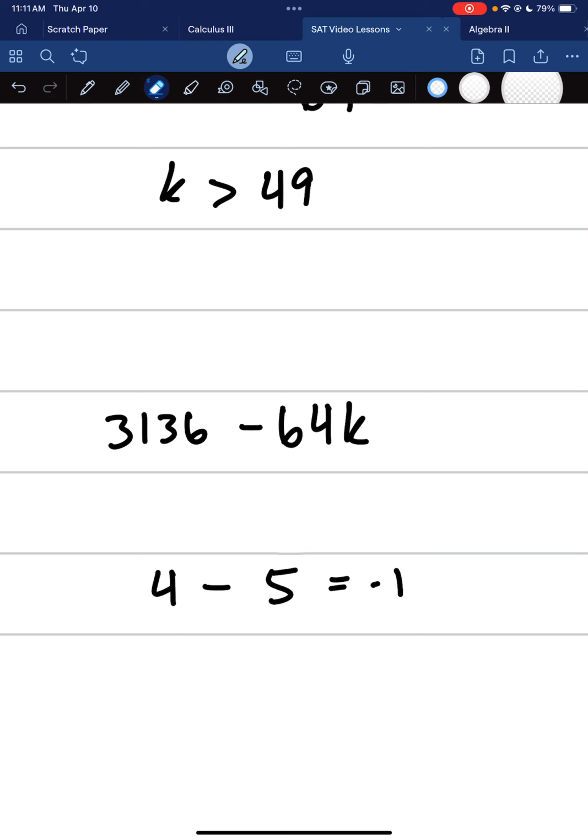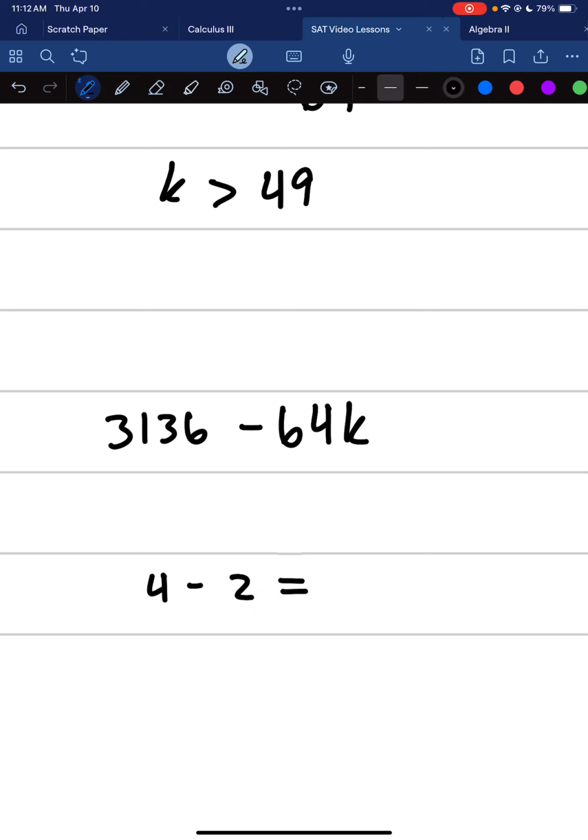If our first number is greater than the second number, so if we have, let's say, 4 minus 2, then we end up with a positive number. But in this case, again, we're aiming for a negative number. We want our discriminant to be negative. So in other words, we want this number, whatever this is, to be greater than this first number, right? So we want 64k to be greater than 3136.